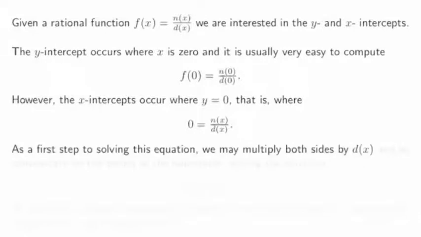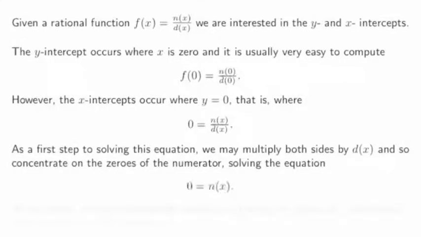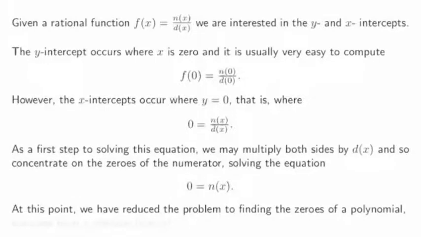As a first step to solving this equation, to finding the x-intercept, we may multiply both sides by the denominator and so concentrate on the zeros of the numerator, solving this equation. At this point, we have reduced the problem to finding the zeros of a polynomial, since n of x is a polynomial, and that's something we've done in previous lectures.